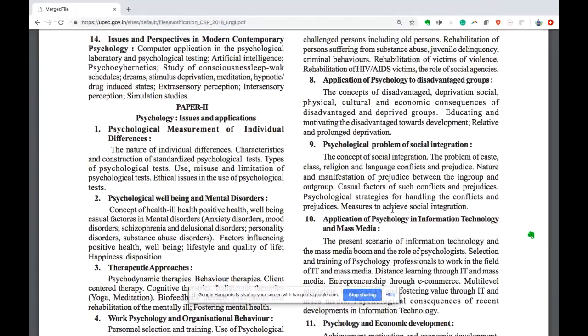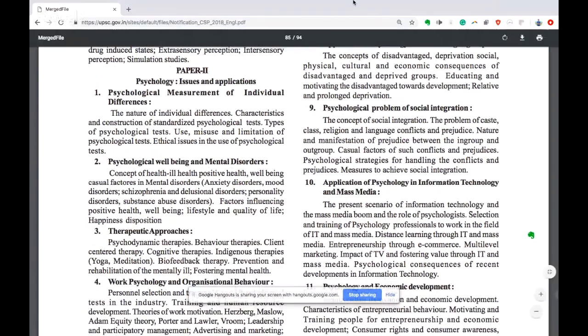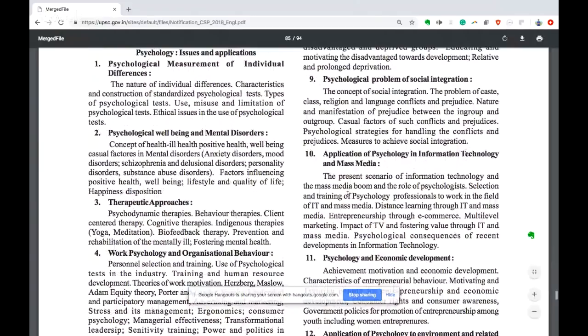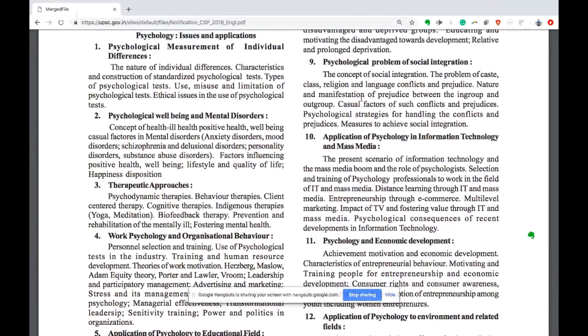Basically, any group with a relative disadvantage, people of lower castes, people who are economically deprived, anybody deprived in any dimension: what is the psychology of those people, and how to do good things for them. Then there is the social integration problem. That means how psychology can help in caste conflicts, religion conflicts, those things.